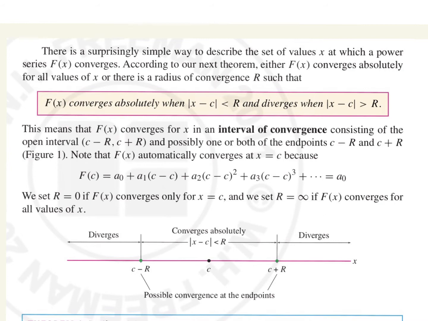So we will essentially be looking for this interval of convergence. And it can be an open or it can be a closed interval. This graph is showing exactly what I said: when it's smaller than r, we are converging absolutely. When it's larger than r, it diverges, and we can have possible convergence at those endpoints.